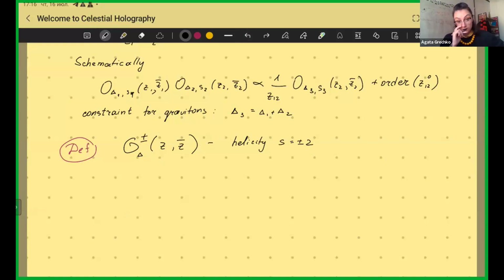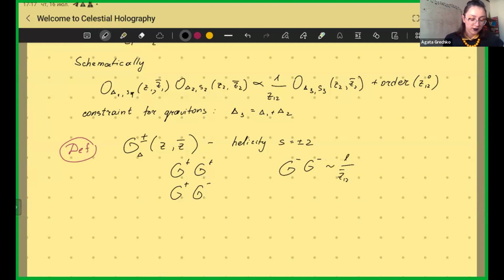Okay, so for us, it will be important to consider OPEs of two positive helicity gravitons and positive helicity times negative helicity graviton. However, when we consider two gravitons of negative helicity, they will have only antiholomorphic poles. So it will be something like 1 over z bar 1, 2. We are not interested in that.